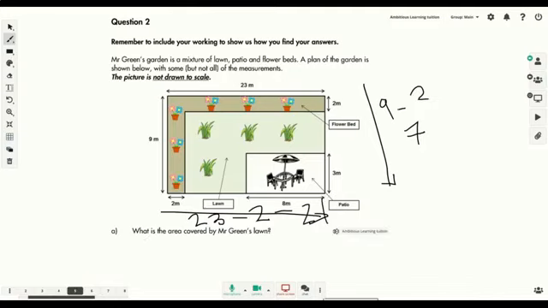So they're asking me what area is covered.